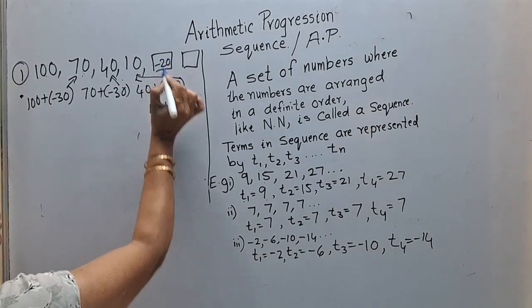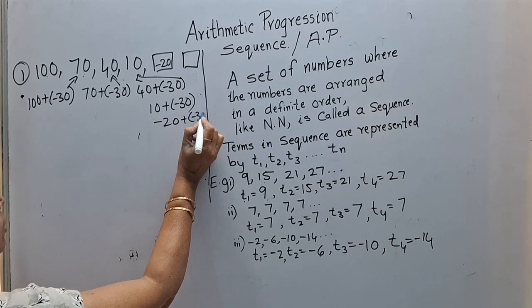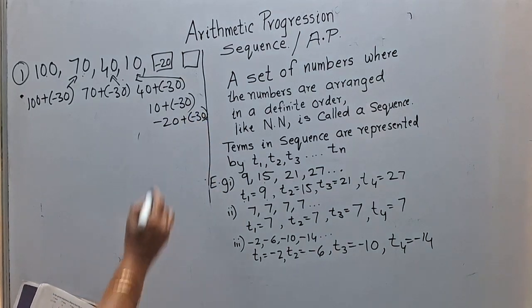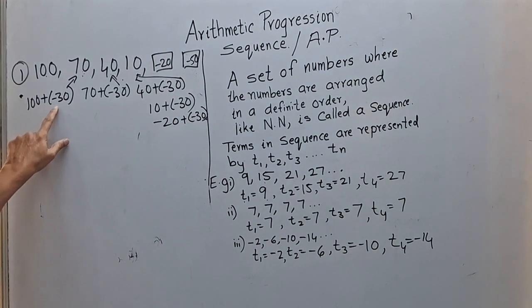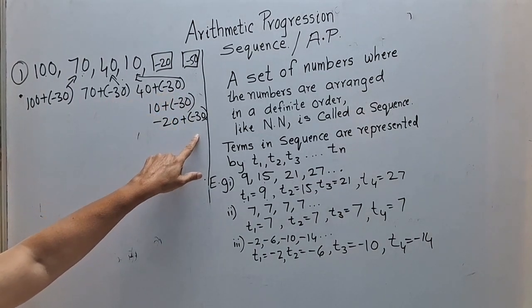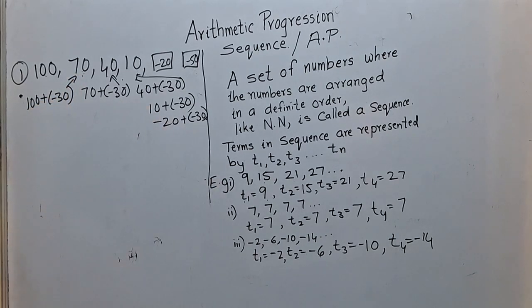Minus 20. Again, minus 20 plus minus 30, what do I get? Minus 50. So the difference is minus 30, and I got the next term by adding minus 30.